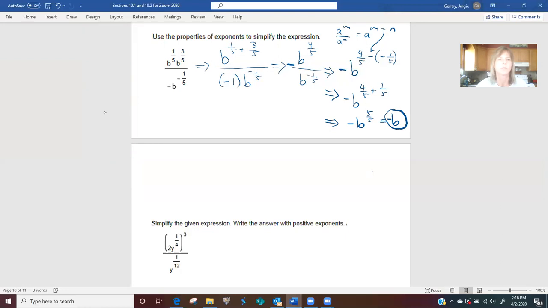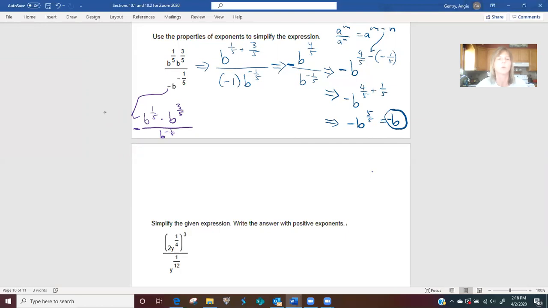Actually, in this case, there are two more ways to do this. I'm going to go ahead and pull this negative forward so it's out of the way because it's not attached. It's not in parentheses.